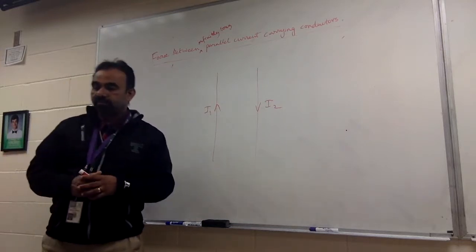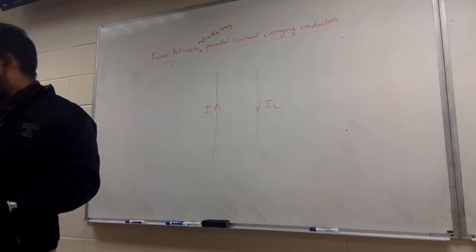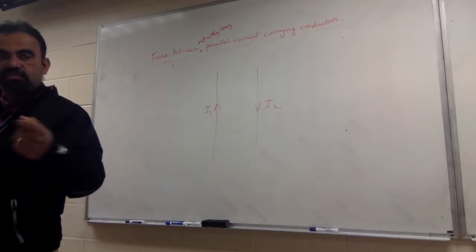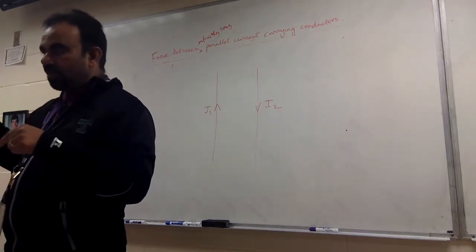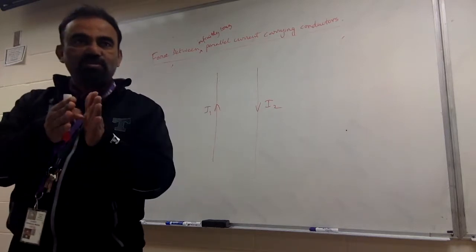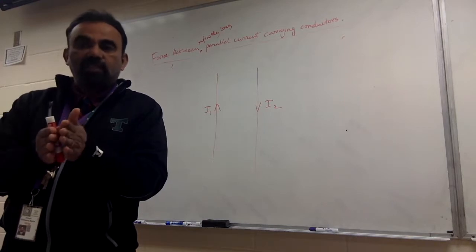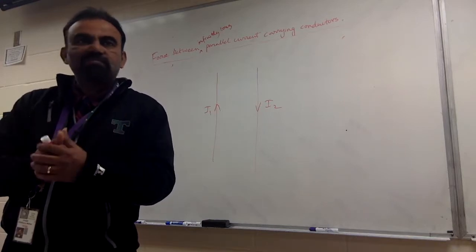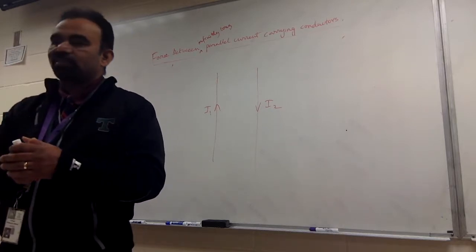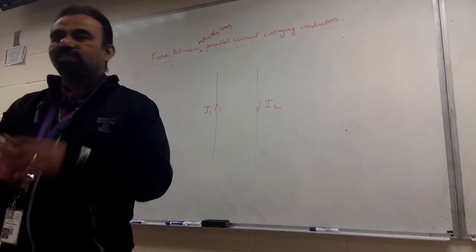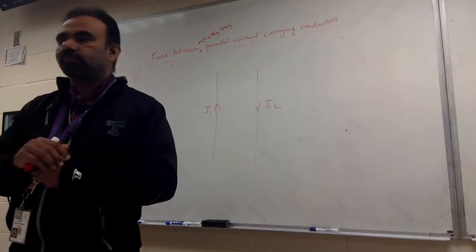That's a good thing, because normally when you have wires for a certain application, the current has to come out from there, go into the appliance, and go back. So they are in opposite directions. In case they are nearby, they still will try to repel, but if there is not much current, the force is not going to be big. Okay?